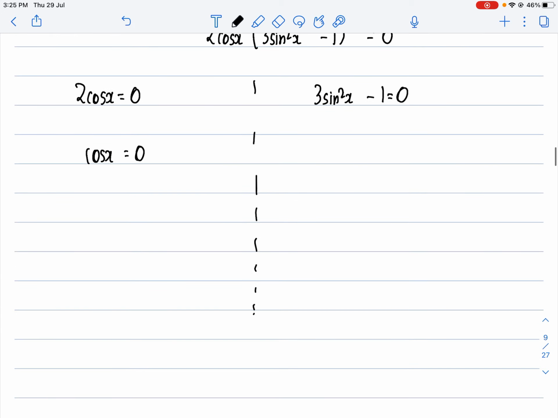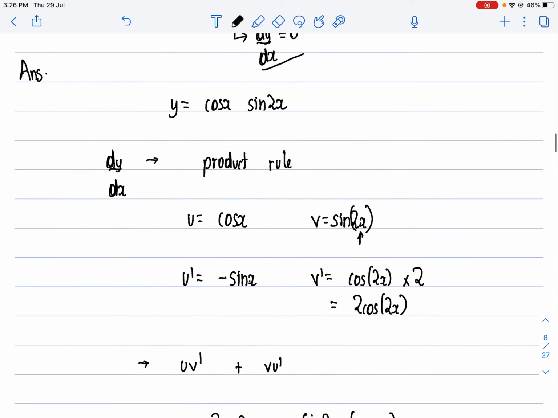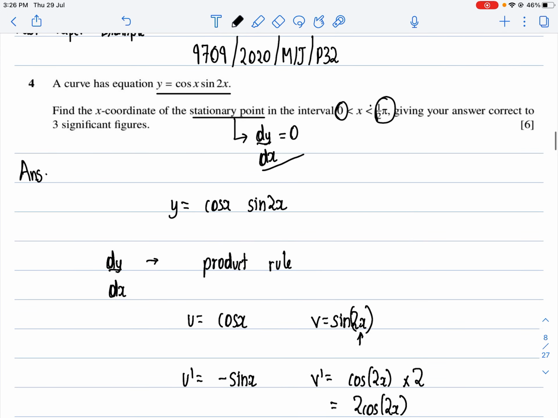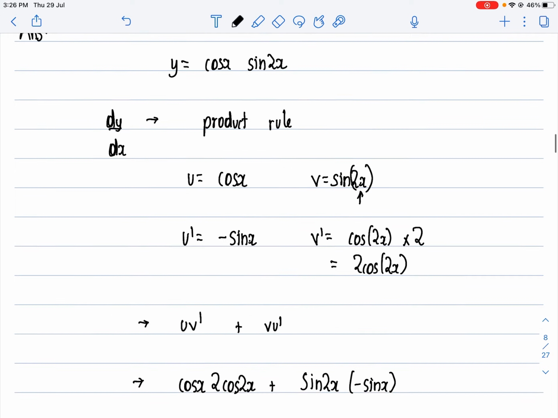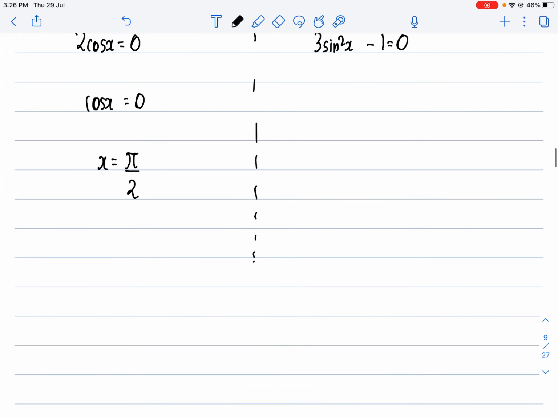On the calci in radian mode, simply do the cos inverse of 0, correct. When you do that, you get your answer as pi by 2. But here, x needs to be strictly less than half pi. That means this value of x is eliminated because it has to be less than pi by 2.